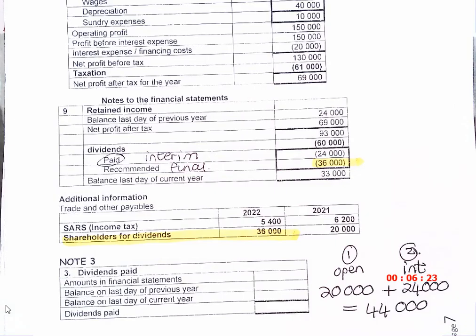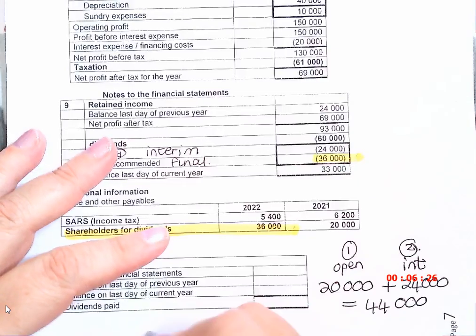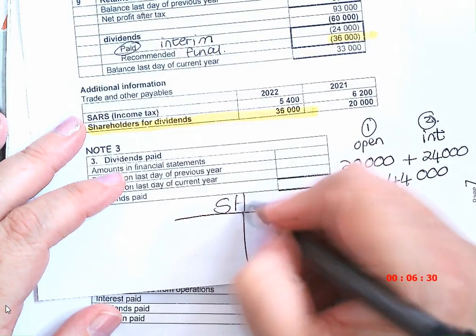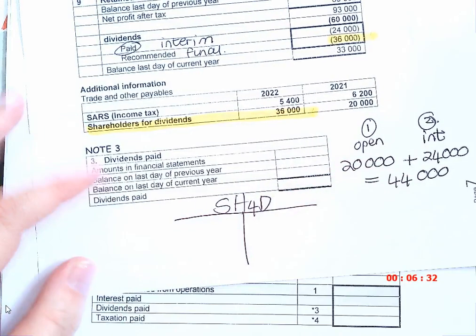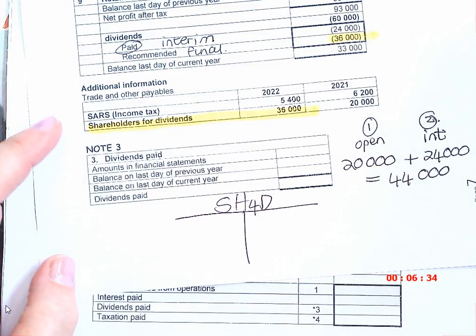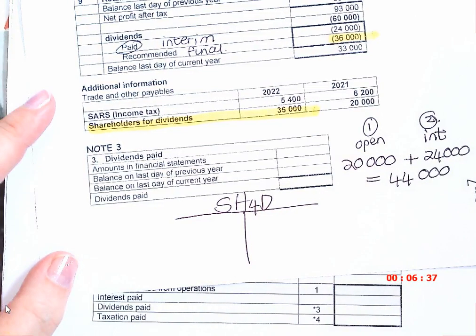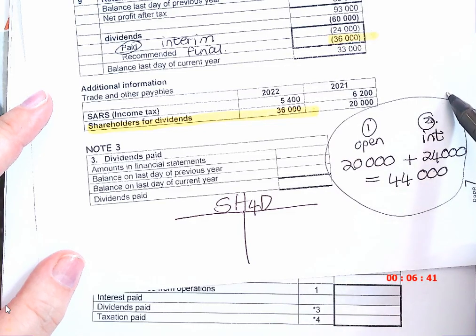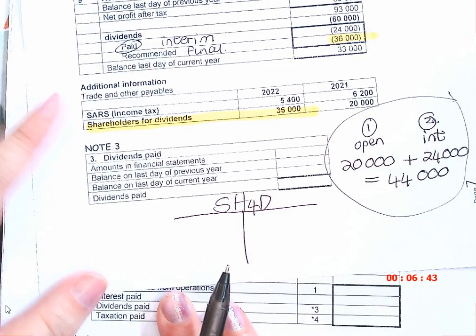If I wanted to do the T account, easy as this. T account, let me tell you, 9.778 times out of 10, they want you to do dividends like this. Okay? But just be aware that you can do it like this also.